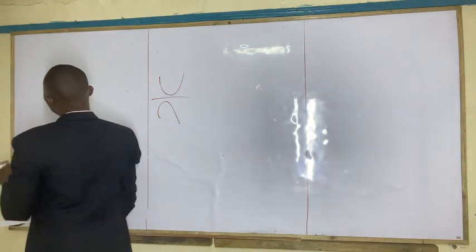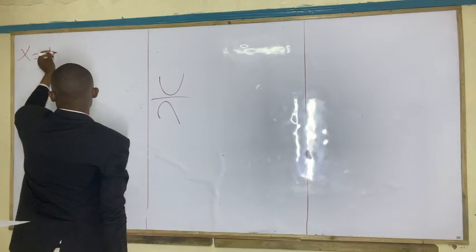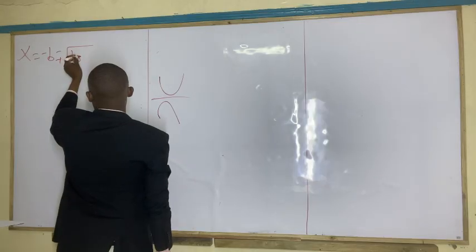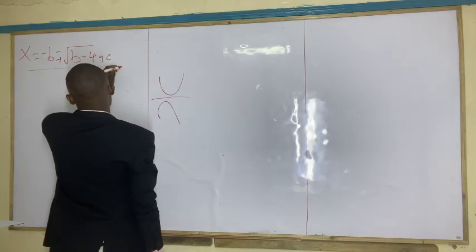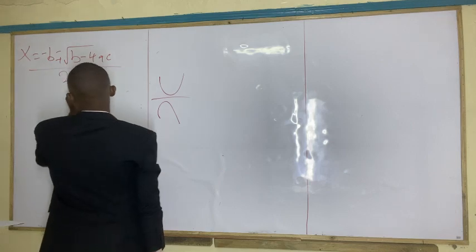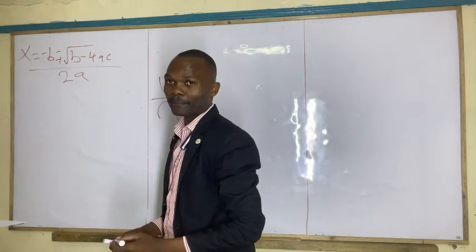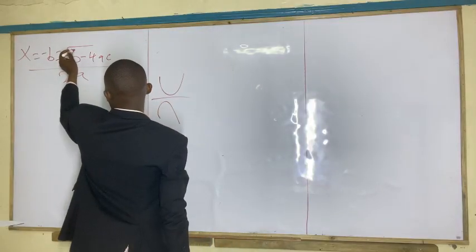Fine. So the quadratic equation is x is equals to negative b minus plus the square root of b squared minus 4ac, over 2a. And then there's something we've forgotten.